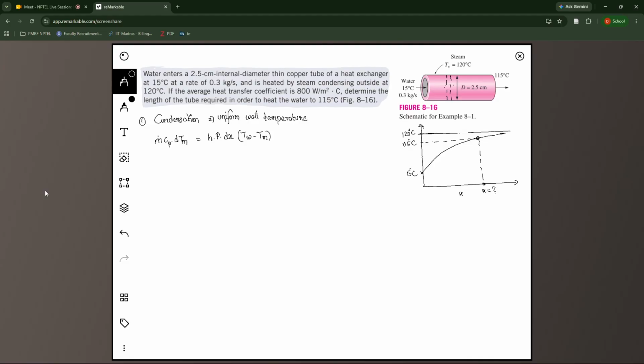We can solve this differential equation, and the h value is already given to us, 800 watt per meter square.